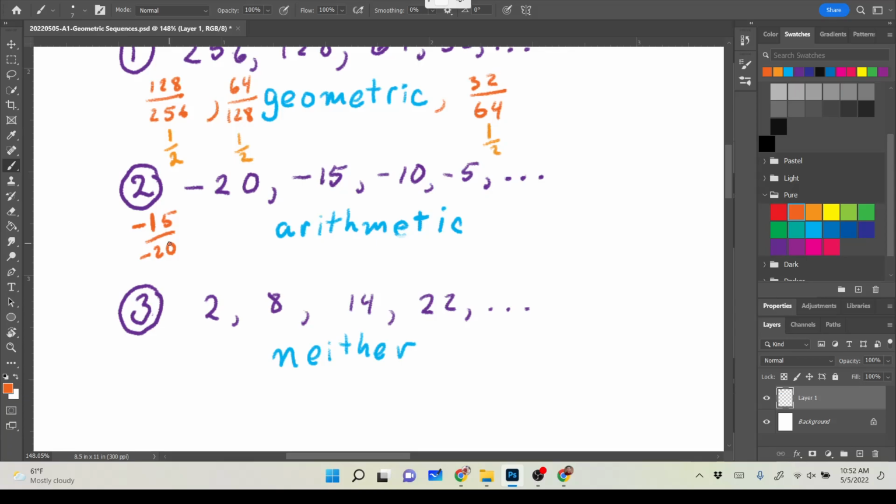And that reduces to 3/4. So it decreases. And then this one, we don't know what's happening over there.